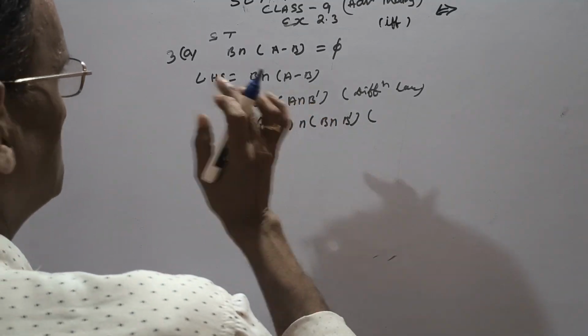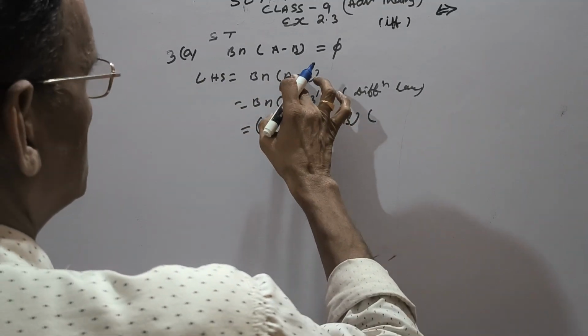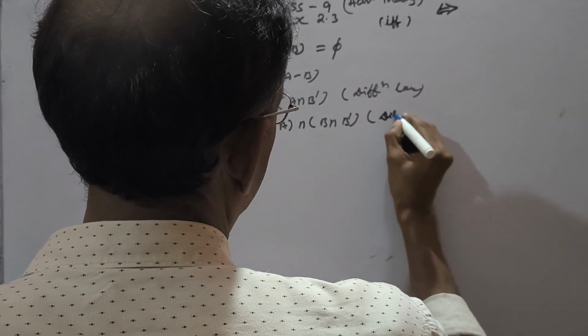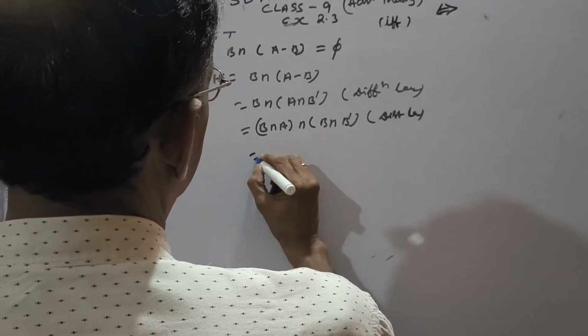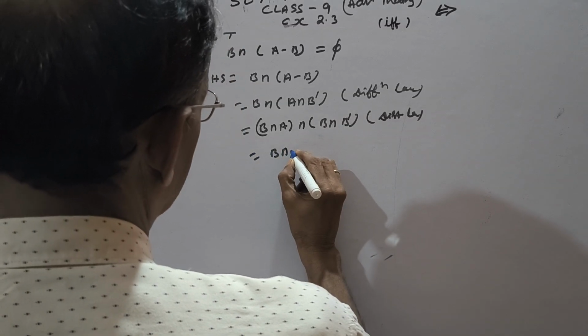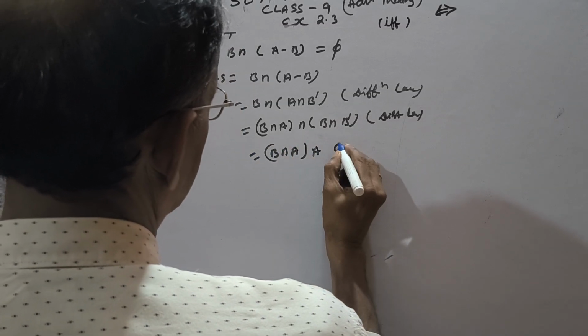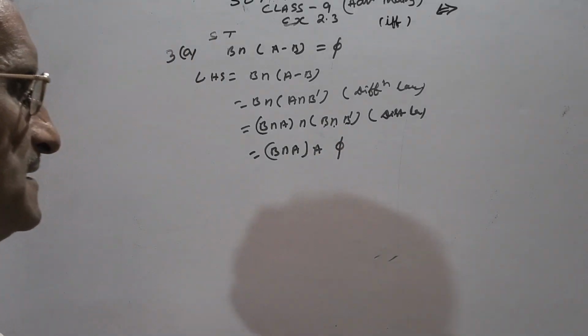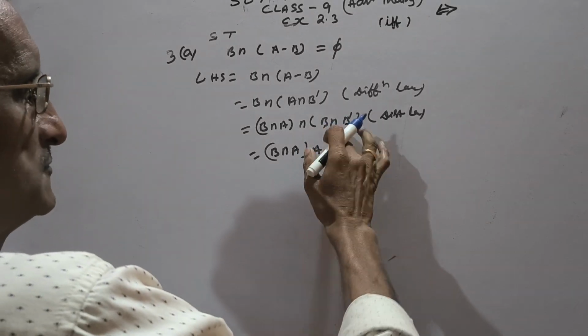See, both are intersections, but still this is for different subsets, so we can use the distributive law. We can write the distributive law. So this is A intersection B intersection B complement. Nothing is common in both the sets, so phi.